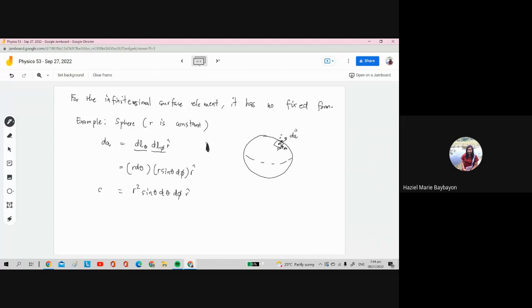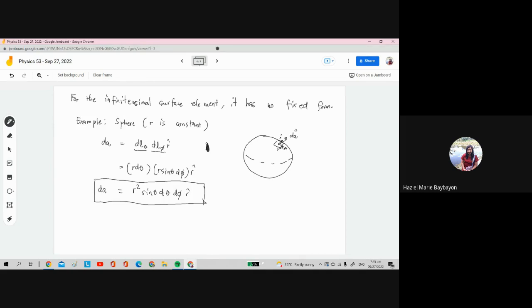Okay, so this is your surface element for a spherical surface with constant radius r. All right. Now, how about if you have a surface that is in the xy plane where theta is constant? Okay.